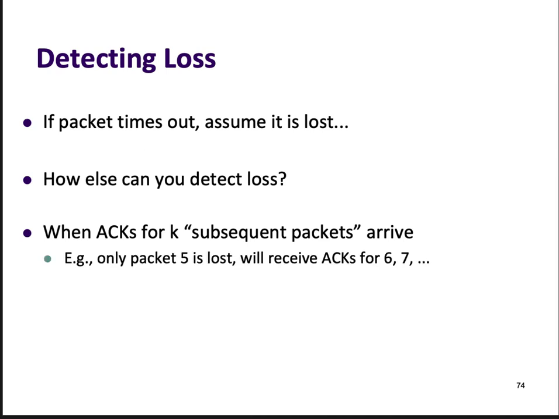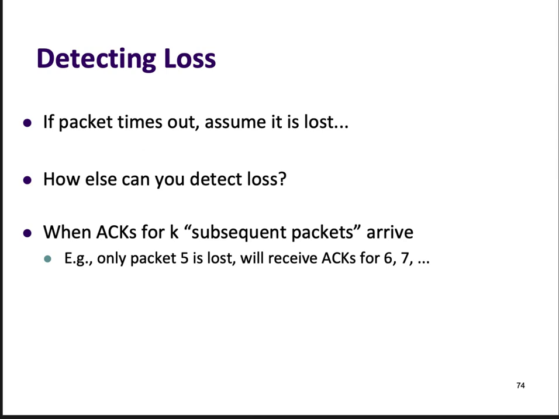As an example, let's say that only packet 5 was lost. At the sender, I had sent a whole bunch of packets, and I've received ACKs up to 4, and I'm expecting an ACK for 5. I haven't received an ACK for 5, but now I receive an ACK for 6. When I receive the ACK for 6, you could think, well, maybe there was a little bit of reordering, maybe the ACK for 5 was delayed, so I'm going to hold on.